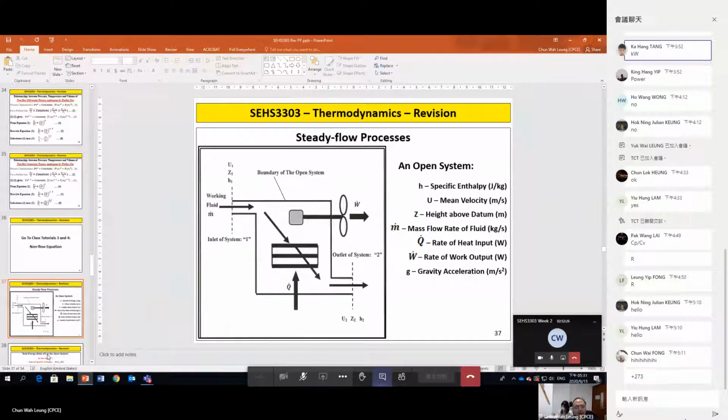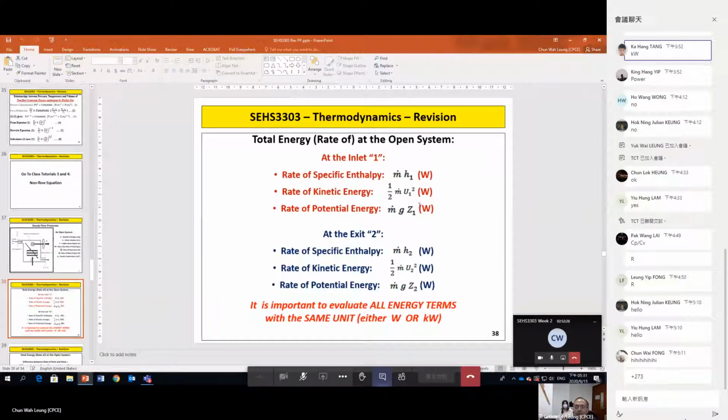Now the balance. First, at the inlet, the three kinds of energy. First is associated with the fluid mass, the enthalpy. Associated with the velocity, that is the kinetic energy. Associated with its position, Z1, that is the potential energy.